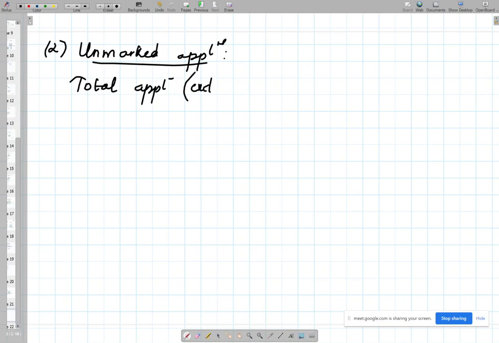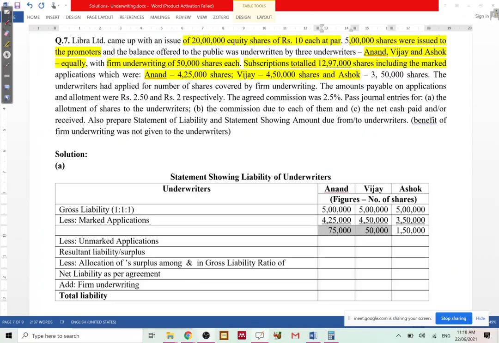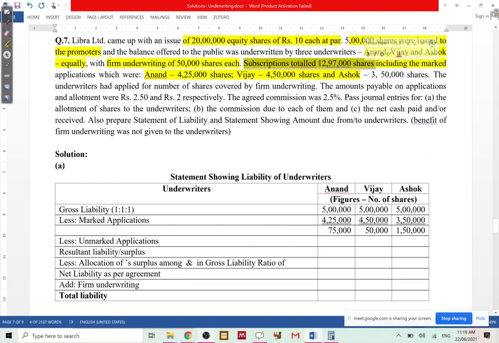Always remember, they don't include firm underwriting. Okay, applications that are received from public. This amount is 12,97,000 shares, isn't it? Subscriptions means applications received. So these many shares were applied for or subscribed for, 12,97,000.